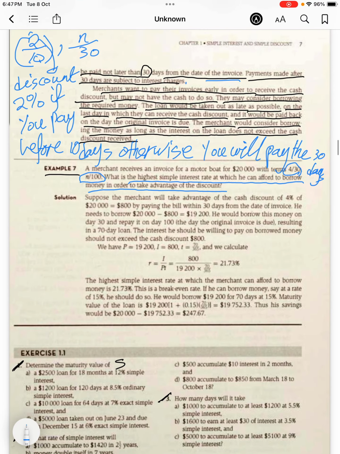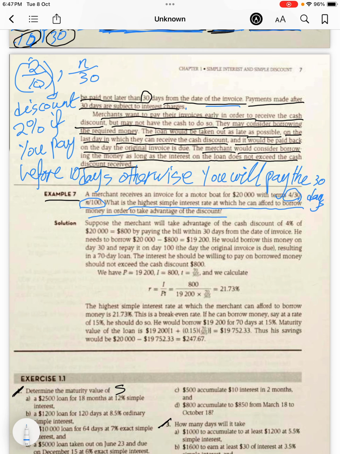Let's read it here. Suppose the merchant will take advantage of the cash discount of 4% of the $20,000, which is 800.